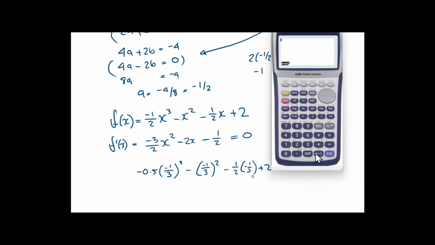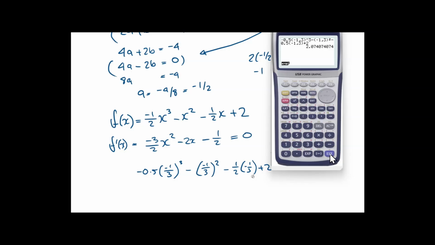So negative 0.5, brackets, negative 1 over 3, close brackets, to the power of 3, minus, brackets, minus 1 over 3 squared, minus 0.5 times 1 over 3, plus 2 is 2.07 something something something.